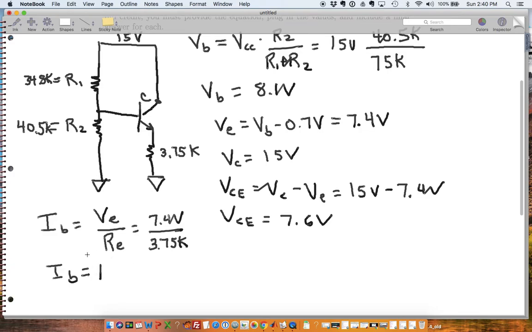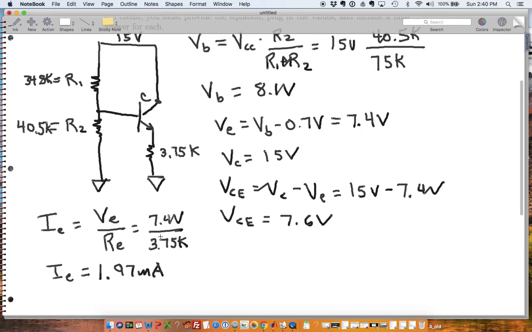Or sorry, this is not IB, this is IE. Let me see if I can use my eraser. So when I'm saying I have 7.4 volts left on the emitter, that's got to be dropped across my emitter resistor. So IE, the current through the emitter, is equal to VE over RE, and this is equal to 1.97 milliamps.